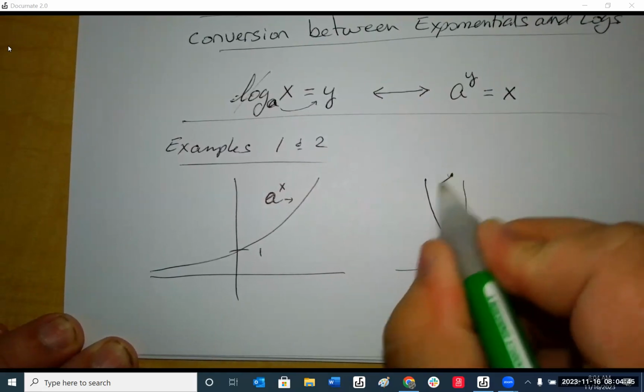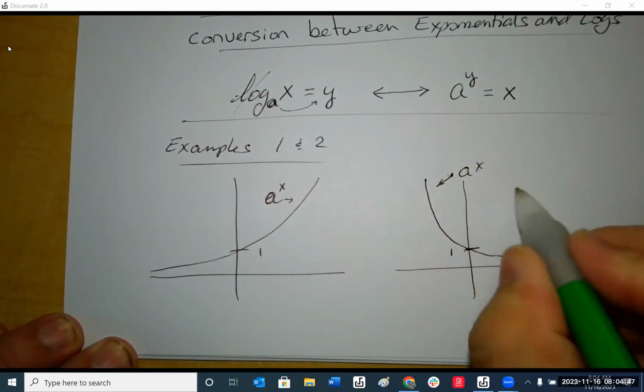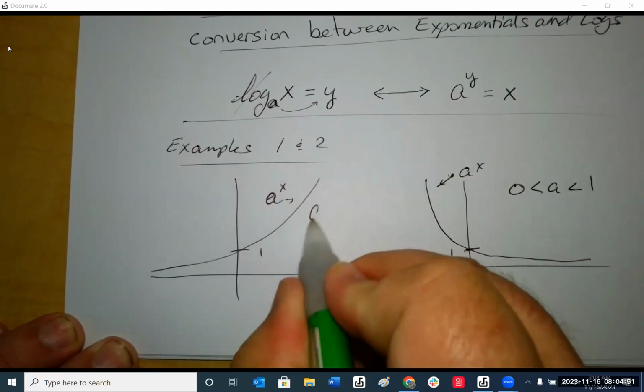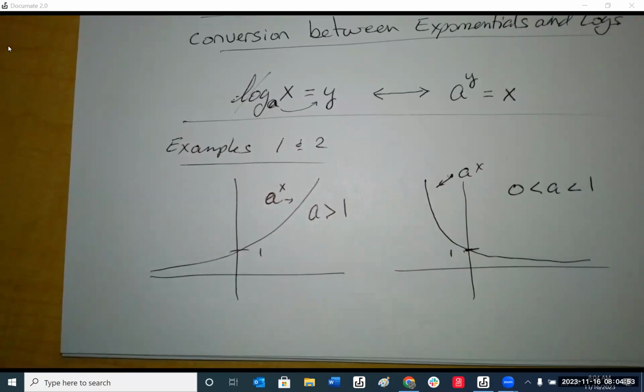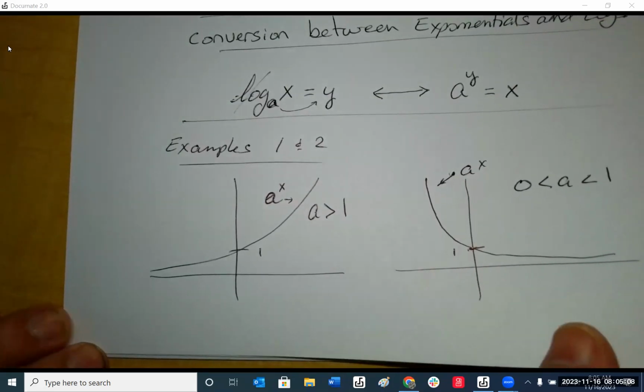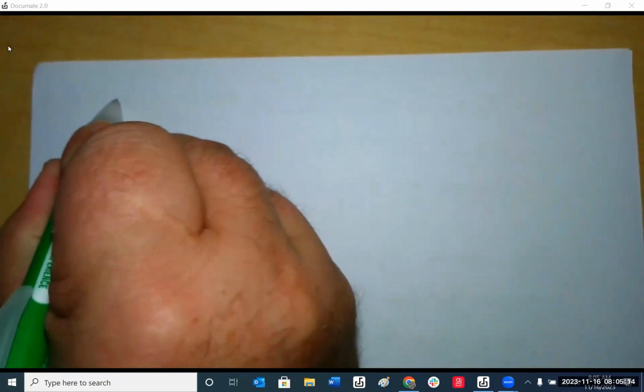This is also a to the power x, but a is between 0 and 1. A is greater than 1. Right, so that was just example 1. Let's look at example 2.